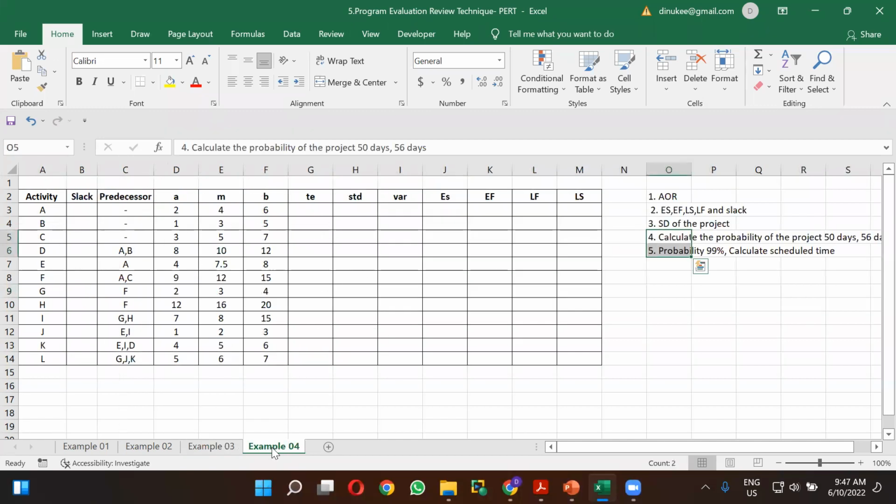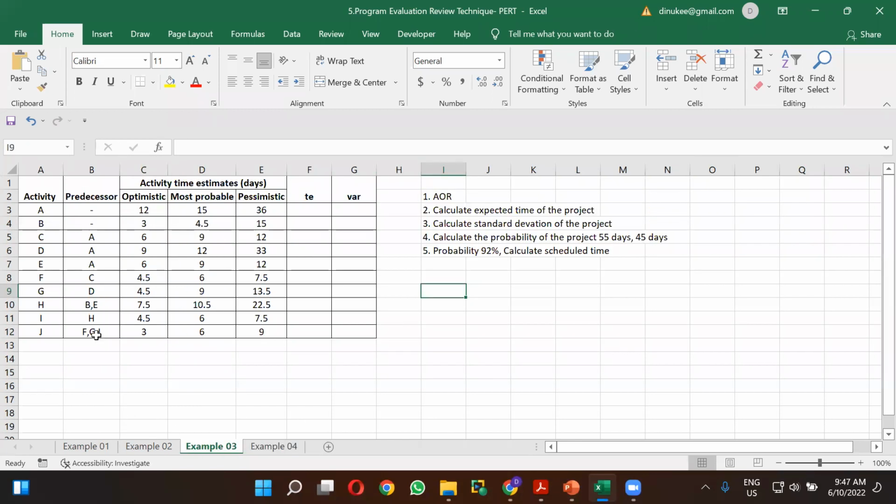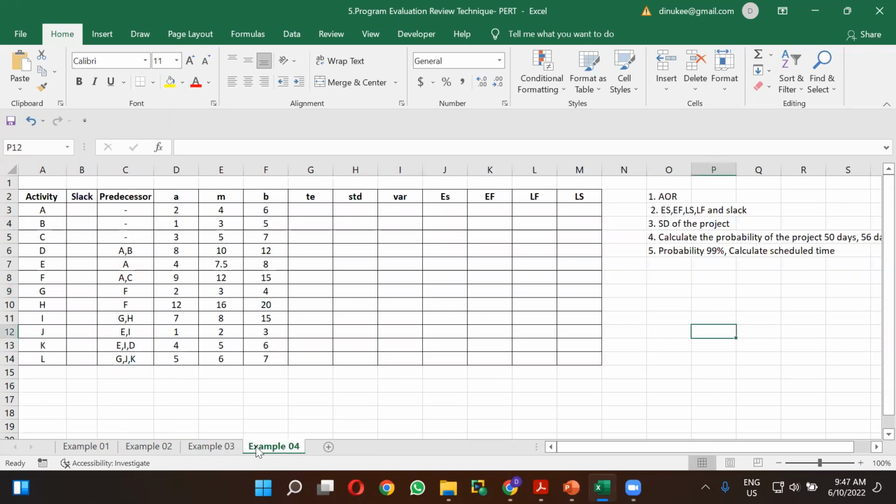And as the fourth example, I am asking you to calculate slack, right? You can see that in the third example, the question also gives the predecessors, so you can easily draw the activity on arrow approach. And in example number 4, they are asking to calculate slack.